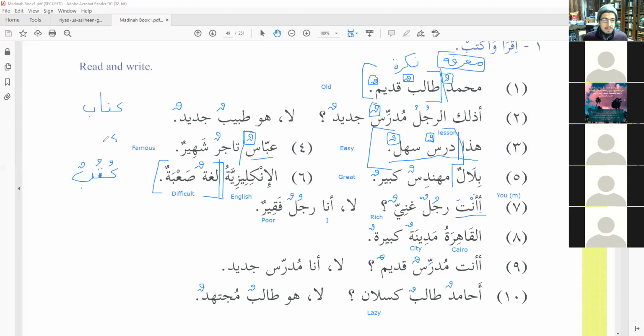So to make something dual, kitaban, we simply tack on an alif nun at the end of it. It means two books. And it happens in the Quran and the Hadith all the time. However, as we say, just because we have a hammer doesn't mean that everything is a nail.